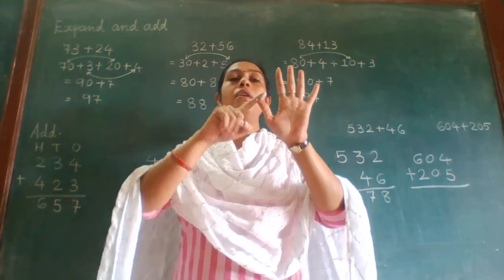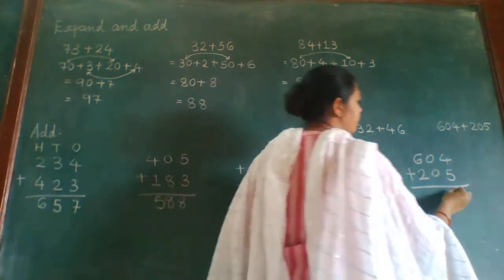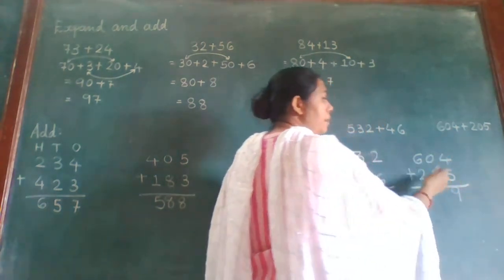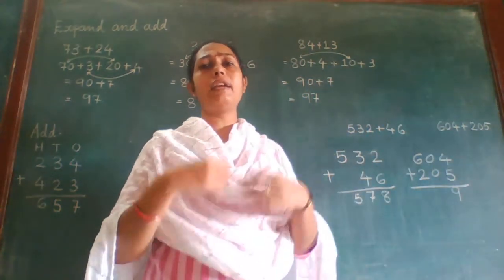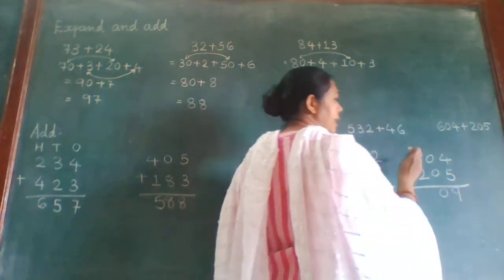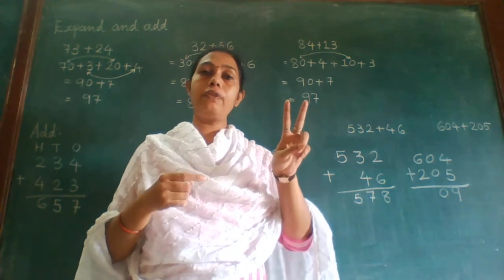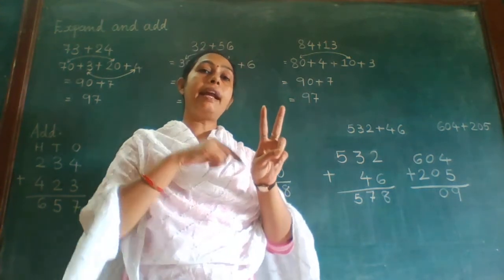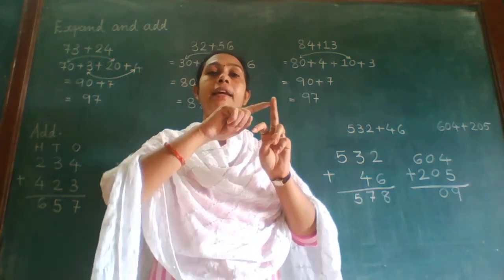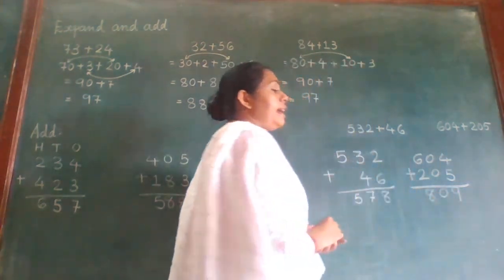So after 4, 5, 6, 7, 8, 9. 0 plus 0. 0 is there and we do not have to add anything. 0 plus 0, 0 only. And 6 plus 2. 6 keep in your mind. Take 2 fingers. After 6 add 2 fingers. After 6, 7, 8. The answer is 809.